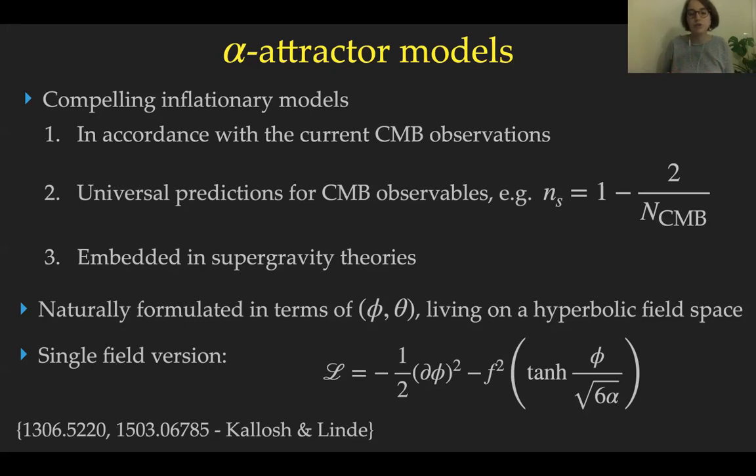And so usually you can describe inflation with an effective single field version of alpha-attractors, and you can see here the Lagrangian for it. So phi is the inflaton, the field that drives inflation, and its potential can be any function of the hyperbolic tangent of phi over square root of 6 alpha.